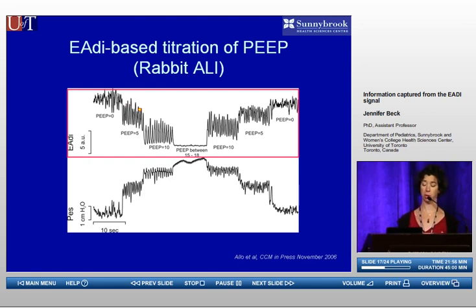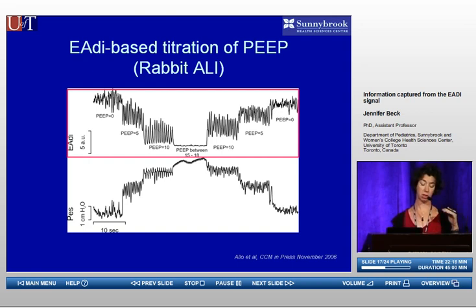When we gave the animal a PEEP of 5, again, these are all instantaneous recordings, it's a time tracing, the tonic activity was immediately reduced, and we started to see restoration of the phasic breathing pattern. Again, when we increased the PEEP up to 10, we restored the phasic breathing, and the tonic was reduced further.